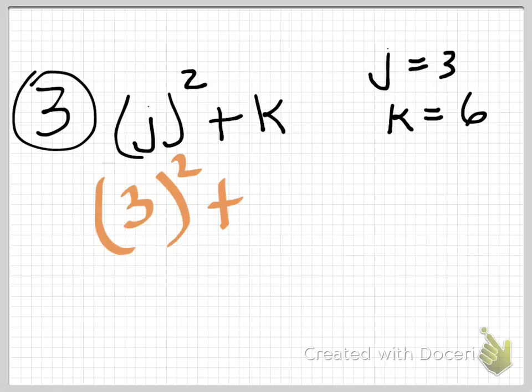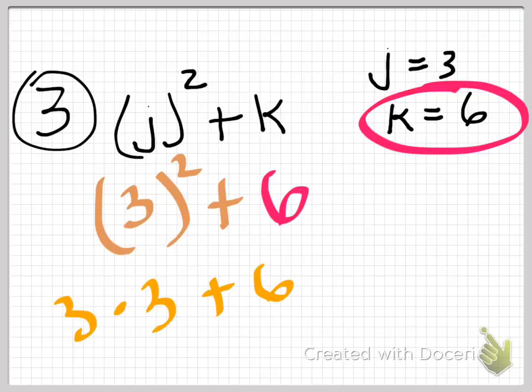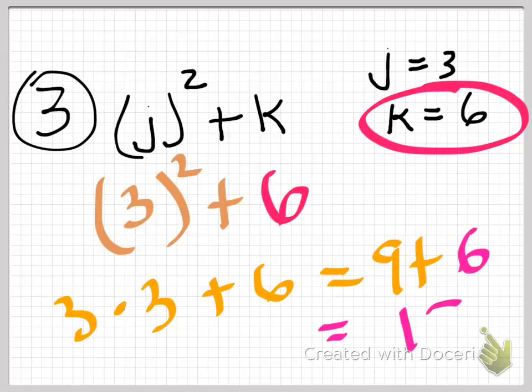I'm sorry, 6. Well, what does 3 to the power of 2 mean? That means that we're going to do 3 times 3 plus 6. What's 3 times 3? That's 9. So 9 plus 6, and 9 plus 6 equals 15. So my answer is 15.